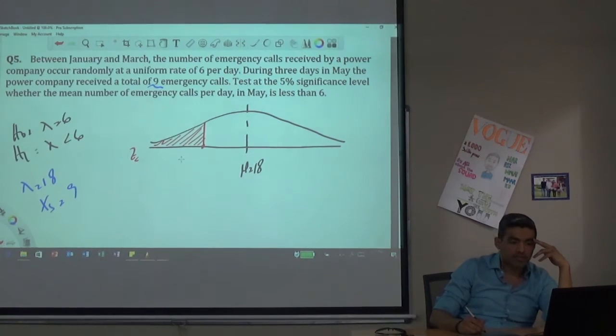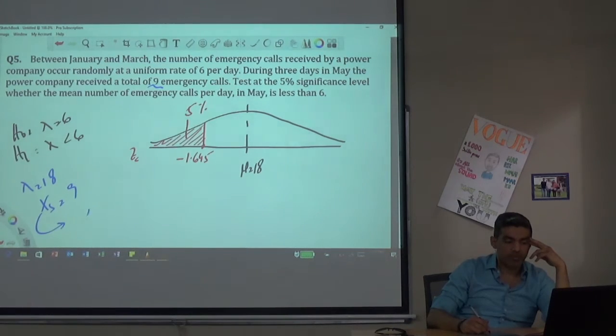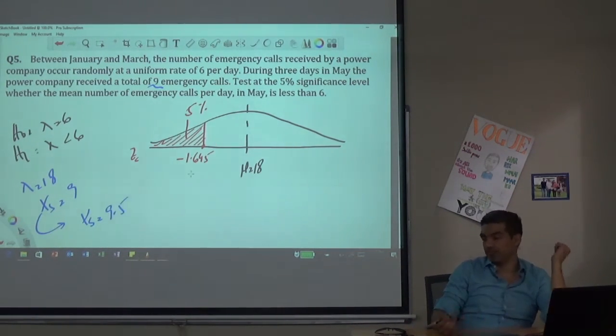Z critical is 1.645, minus 1.645. So the X critical that we would be using after the continuity correction would be 9.5.